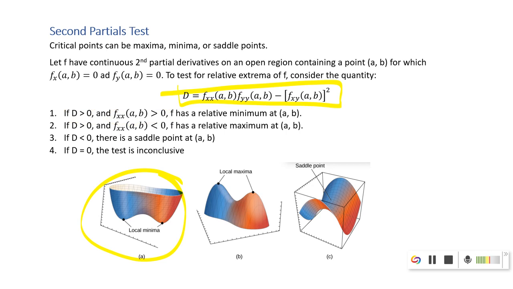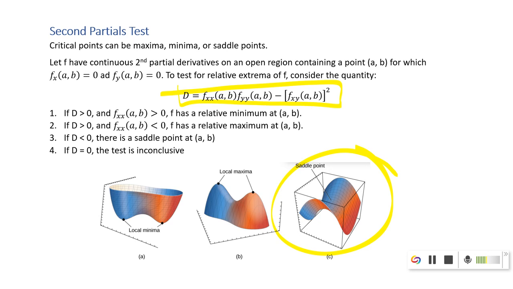Case 2: if our D value is positive but our second partial is negative, we have a maximum. It's like our concave down situation. Case 3: if D is negative, we have a saddle point. And finally, if you get a D value of 0, unfortunately the test is inconclusive. That means it could be a max, a min, or a saddle point.